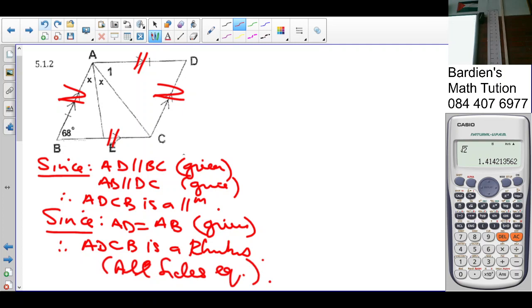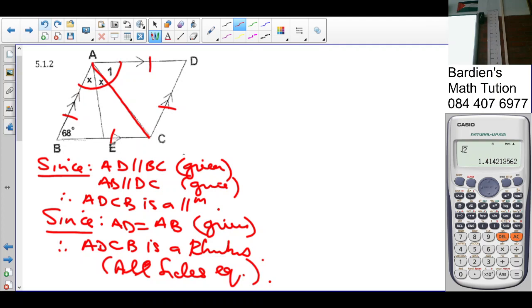Okay, now we can use the fact that it's a rhombus. At this point, we have proven it. Now, there's a property of a rhombus. The properties of a rhombus are 5. The one property we need to use here, and the time is running out, is that the diagonal bisects the vertex angle.